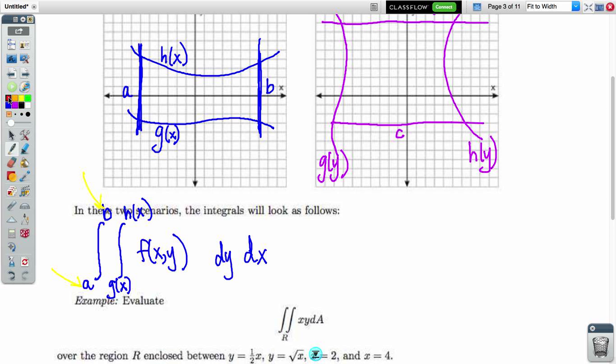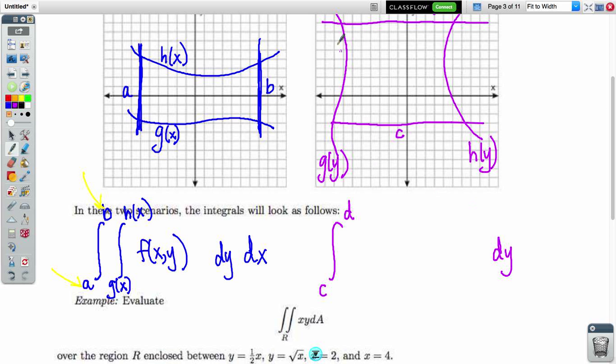So using that idea, we can go over to this one and see how we would change the integral. In this case, our numerical limits happen on the y-axis. So we know those need to go on the outside. We're going to integrate from c to d, but that corresponds to our integral in terms of y. So we're integrating with respect to y second.